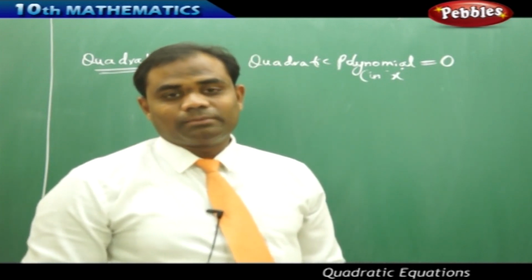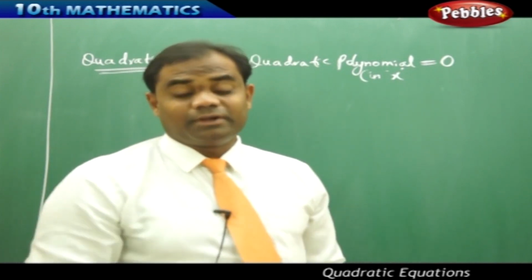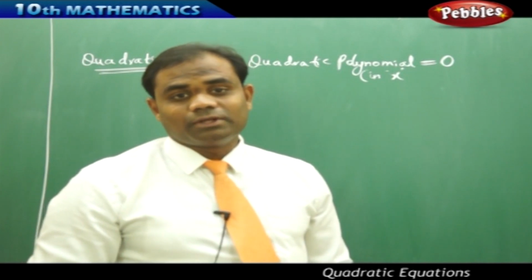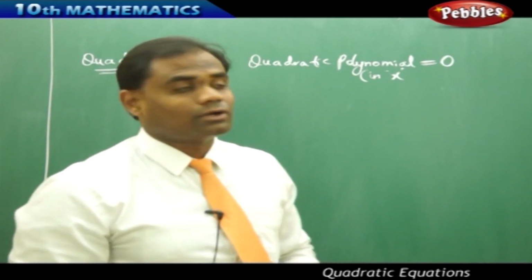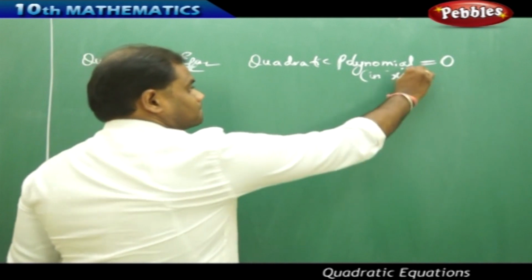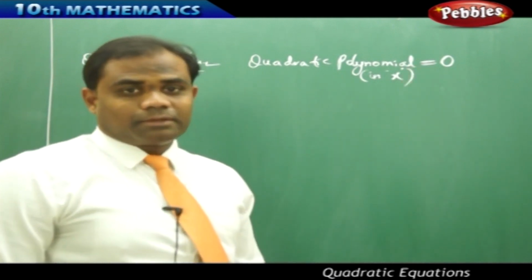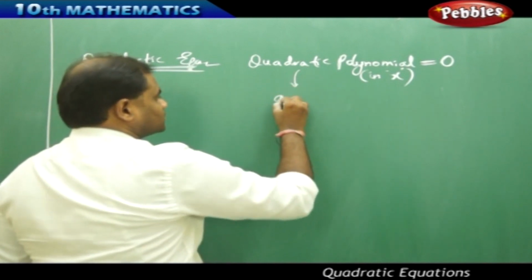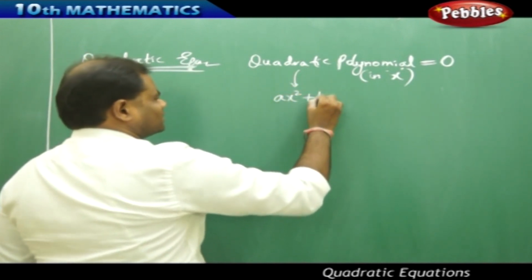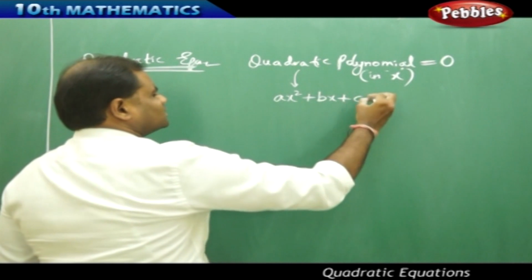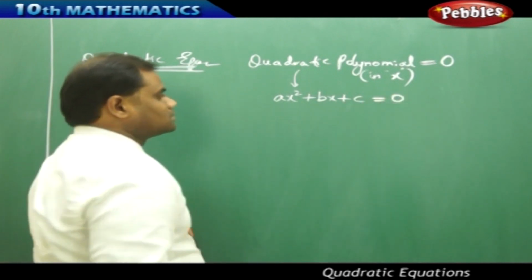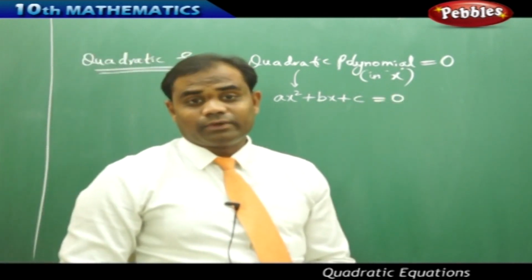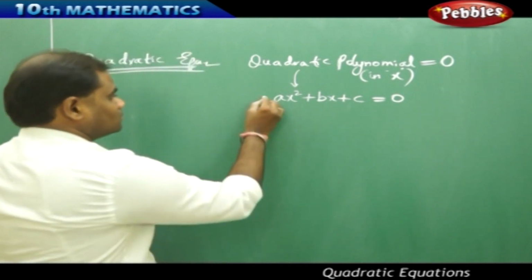A quadratic polynomial was already discussed in the previous sessions, where a polynomial of degree 2 is said to be a quadratic polynomial. If I take the quadratic polynomial in general form, then I assume it as ax squared plus bx plus c equal to 0. This is called a quadratic equation in general form.